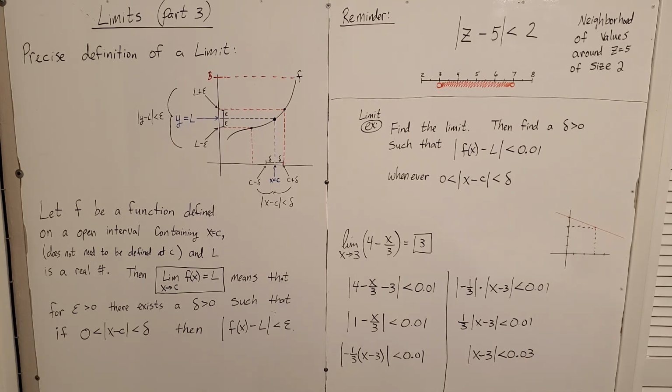Like right here. All absolute values are positive, so this is already true that it's greater than 0. And notice this is exactly the statement we wanted. And what this is saying right here is that delta is equal to 0.03.